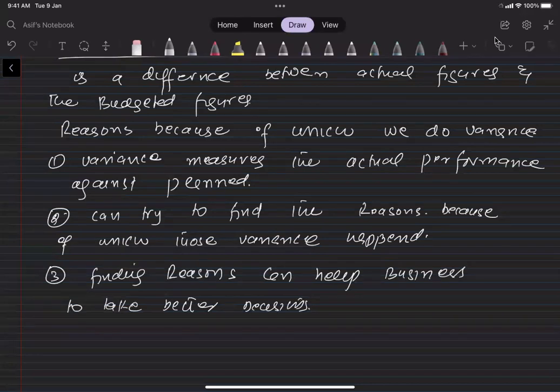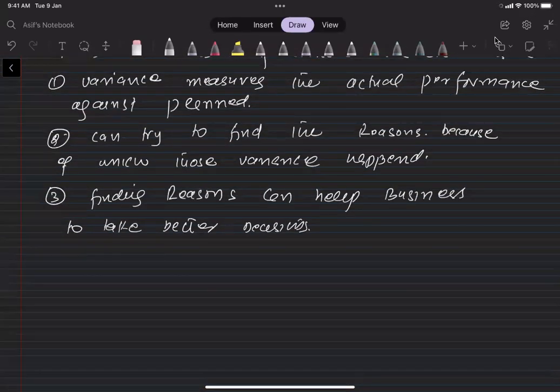For example, if the revenue variance for a business was negative because of lower sales caused by an economic recession, then the business can take a decision to reduce price for the future. This will be the right decision, because if the sales are not being made because of the low income of the people, it's good to reduce the price and increase the sales for the future.